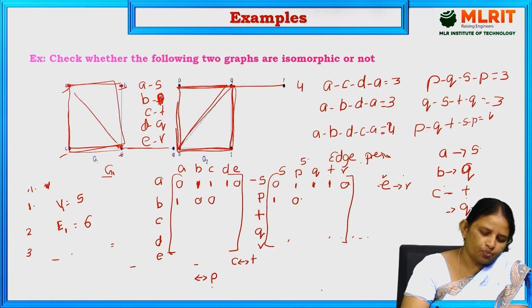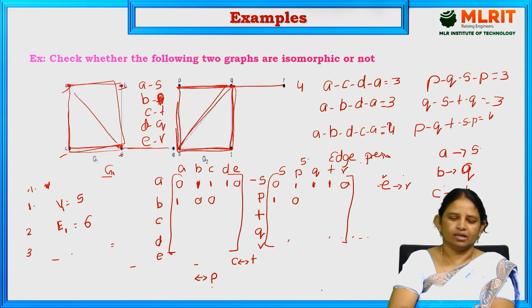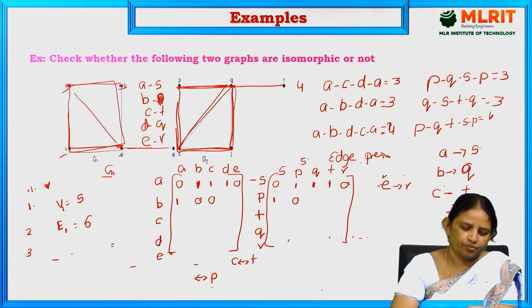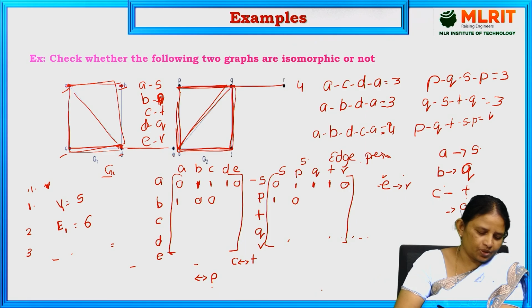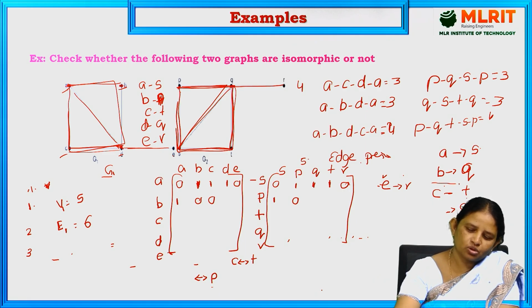Here also P to Q, edge is present. So we cannot equate B to P. Instead, there are 2 cycles present, so we have to adjust, because the cycle length of B is 2.